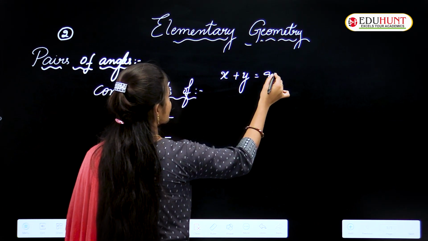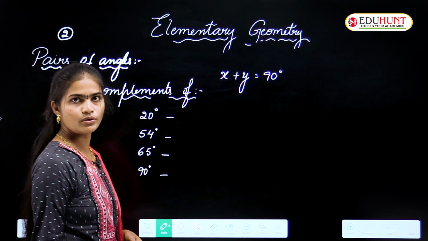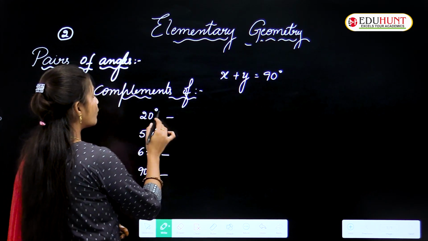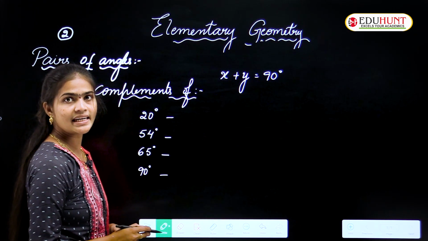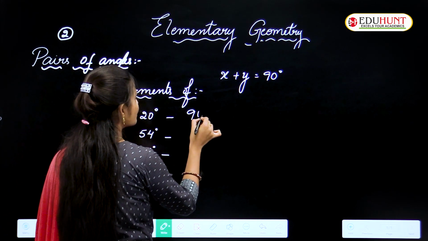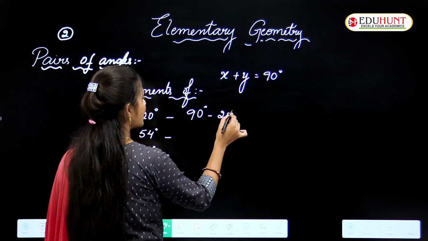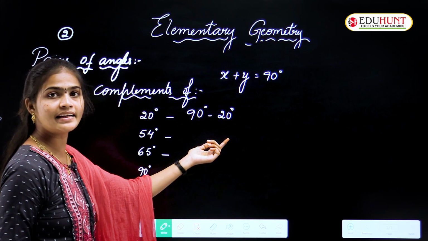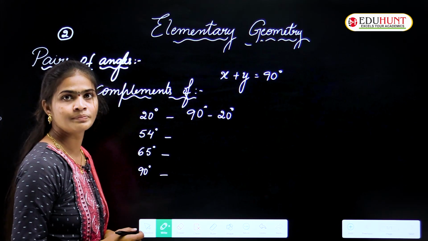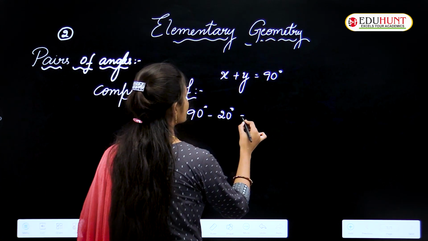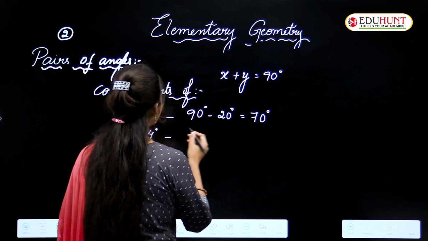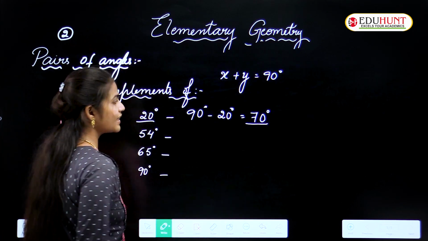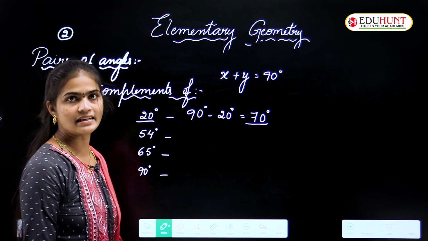The sum of two angles must be equal to 90 degrees. So here, what is the complement of 20 degrees? Yes, 90 degrees minus 20 degrees. If you subtract the given angle from 90 degrees, then you will get the second angle, which is equal to 70 degrees. So 20 degrees and 70 degrees, those two are complementary angles.